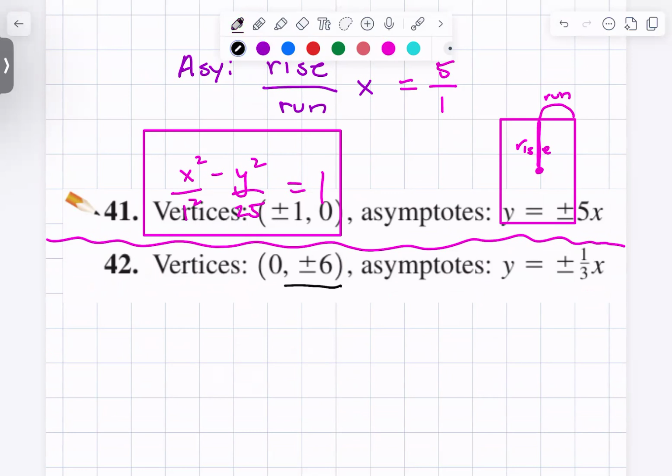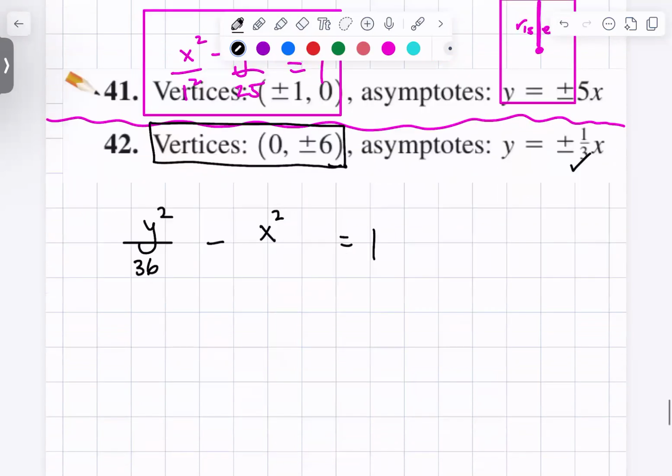Because that's my vertex, right? It's a vertical, so it's y squared minus x squared equals 1. Correct? So since it's at plus or minus 6, 6 squared is 36. So that's 36. Everybody got that? My asymptote rise over run is 1 over 3.